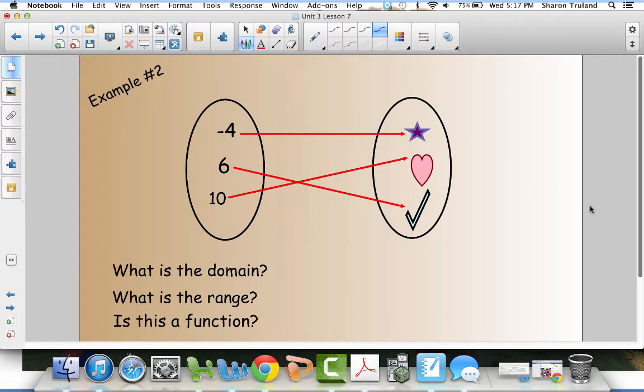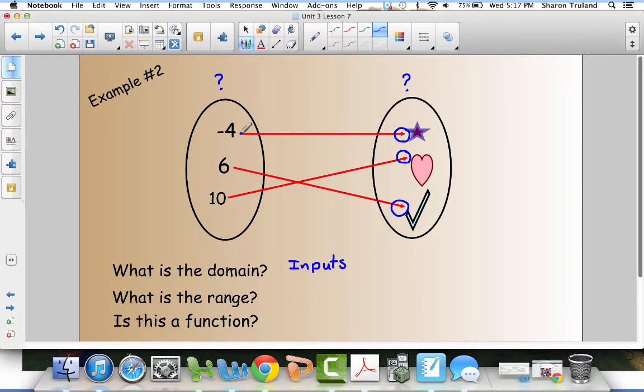All right, so let's look at this example. Domain. Okay, remember domain are my inputs. So which are my inputs? This lovely circle here or this lovely circle here. Actually, it's not a circle, right? It's an ellipse. You have to look carefully. Notice there's only arrowheads on the end, not on this end.